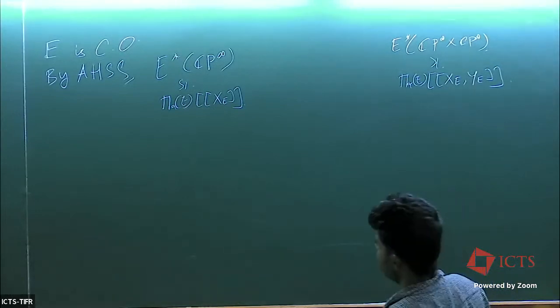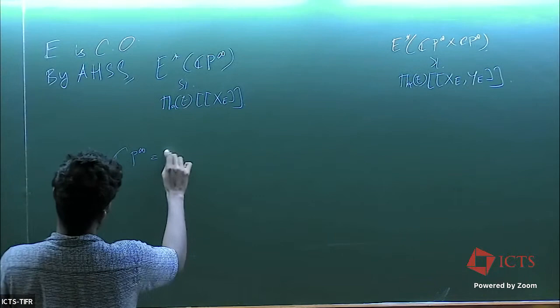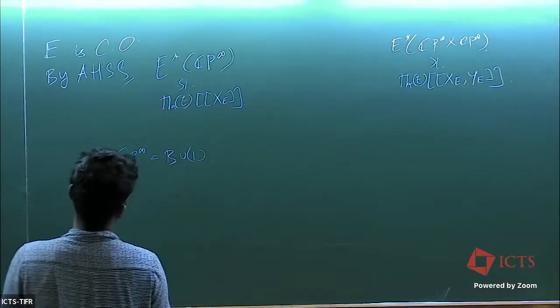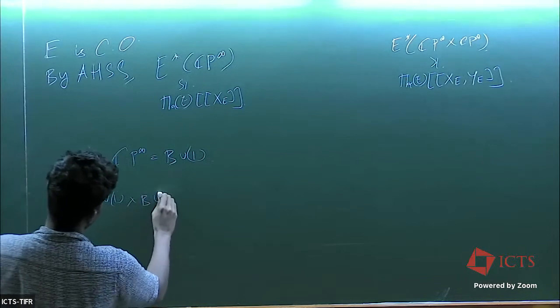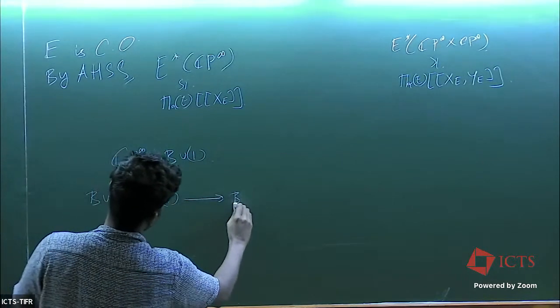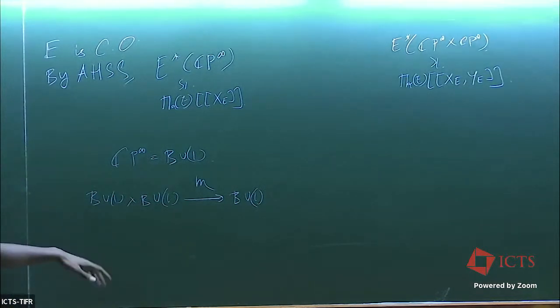As CP infinity is just BU of 1, I have a map from BU1 cross BU1 to BU1. This is the map that classifies the tensor of line bundles over BU1.